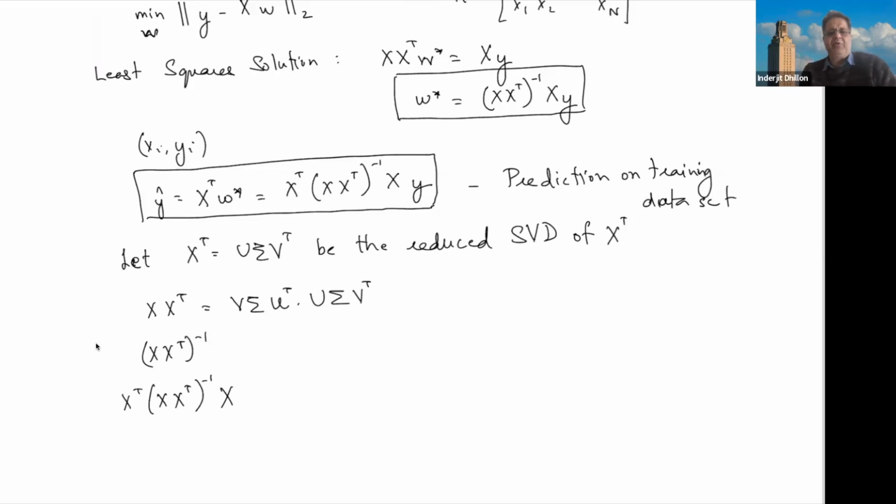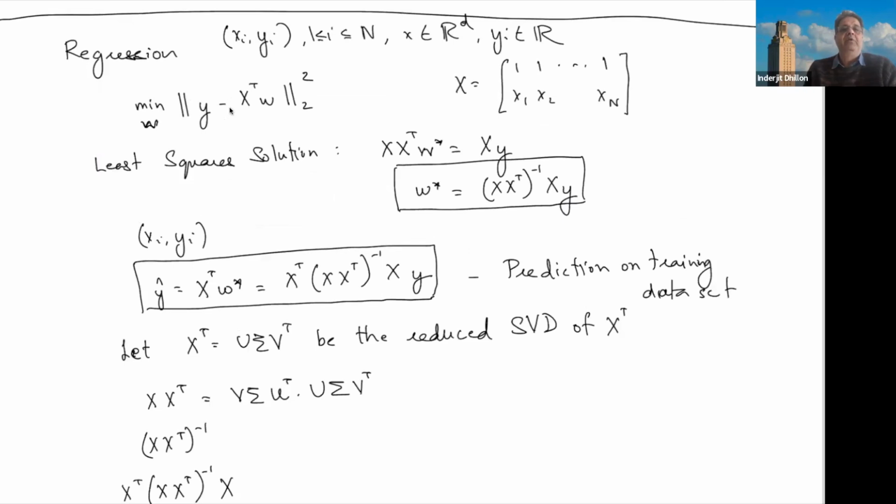Just one subtlety: I'm assuming that U sigma V transpose is the SVD of X transpose, just to keep the notation the same as before, since I used X transpose as the coefficients matrix over here.